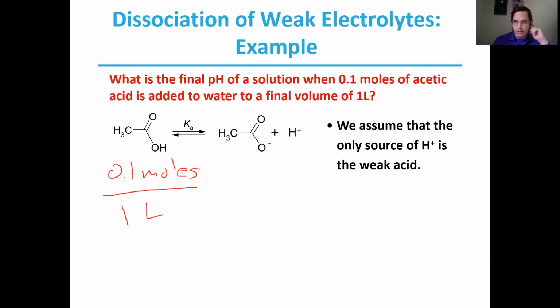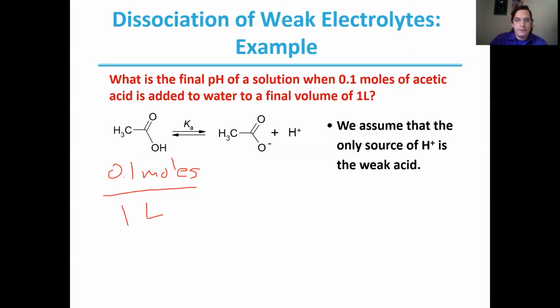And we want to know how that's going to affect our pH. Notice we have an assumption here that the only source of H plus is going to be our weak acid. We usually ignore the initial H plus of 1 times 10 to the negative seventh within our solution of water, just because it's so small compared to the H plus that's produced in this reaction.